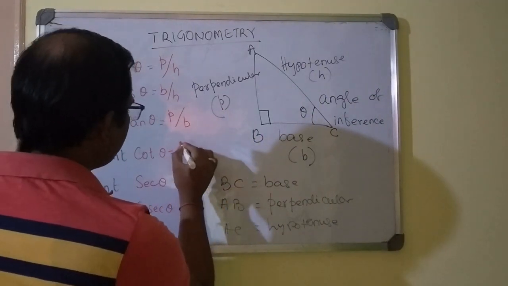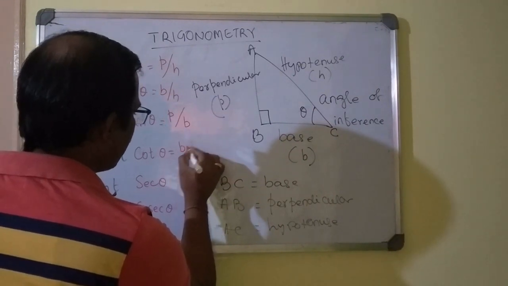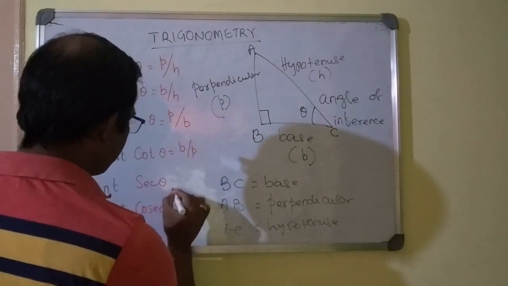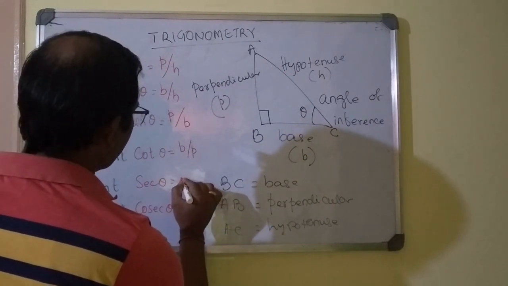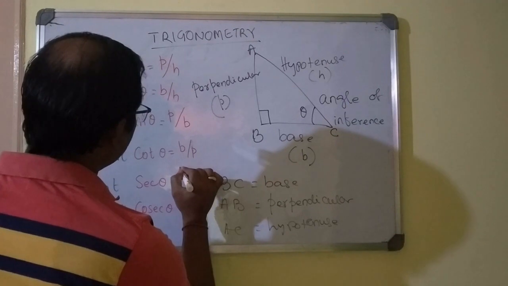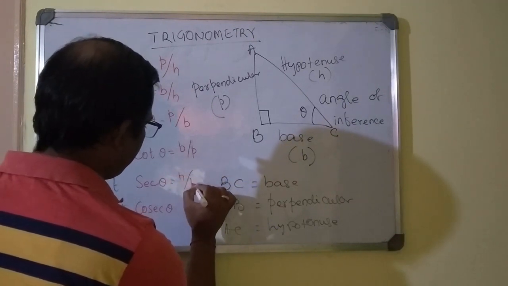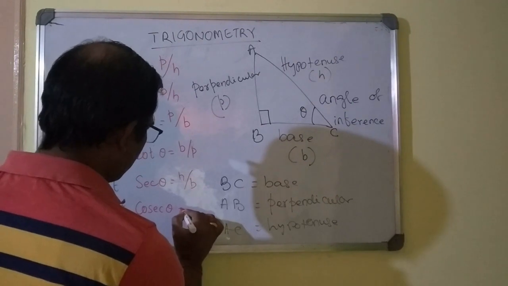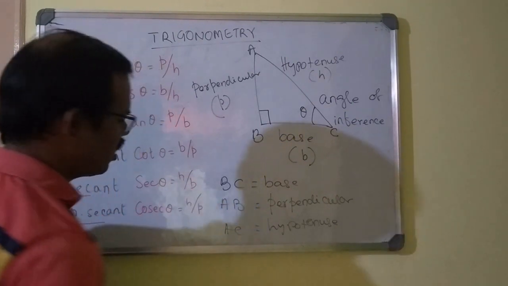Cot theta will be represented by base by perpendicular. Sec theta will be represented by hypotenuse by base. Cosec theta will be represented by hypotenuse by perpendicular.